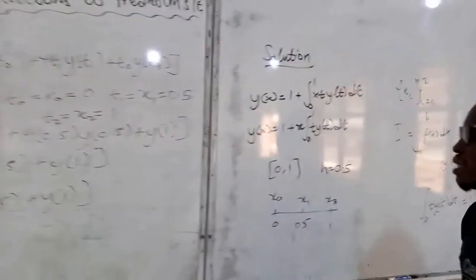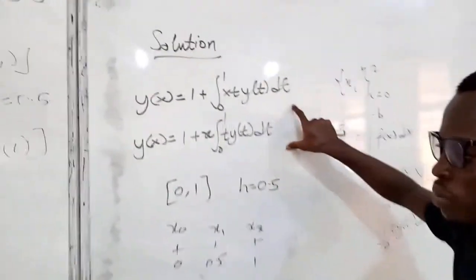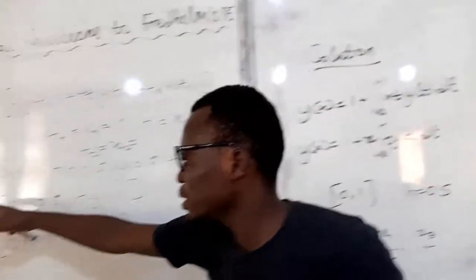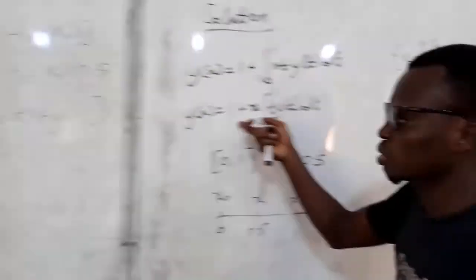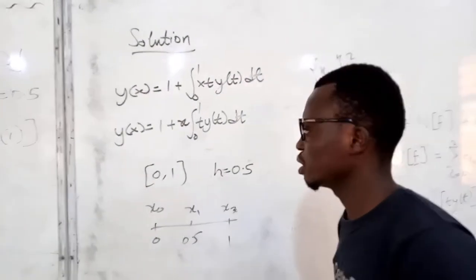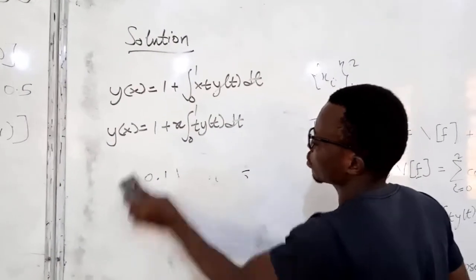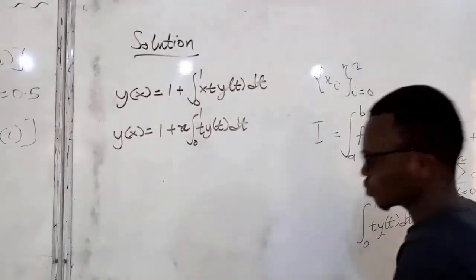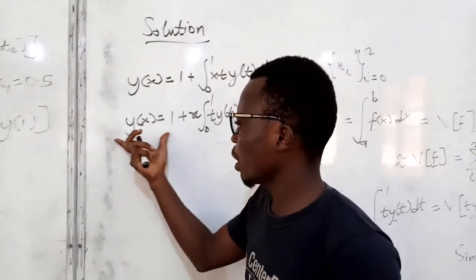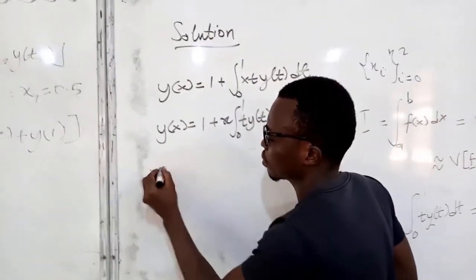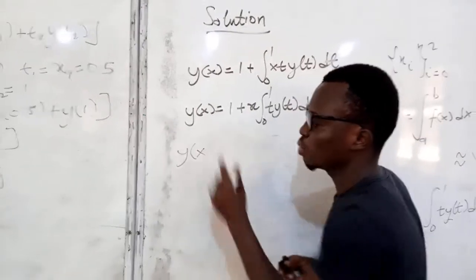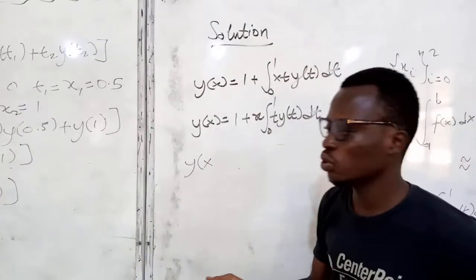Now we are able to estimate this integral. I'm going to substitute this integral into our Fredholm integral equation. So our y of x, and let's add an index to the x because it becomes an iterative solution.